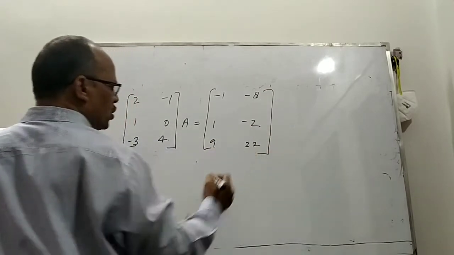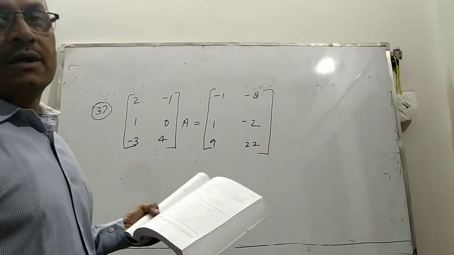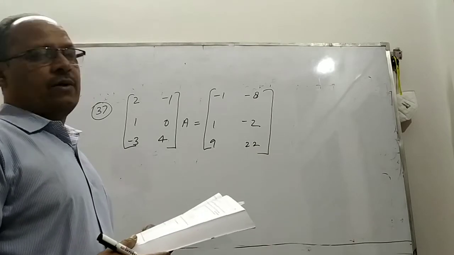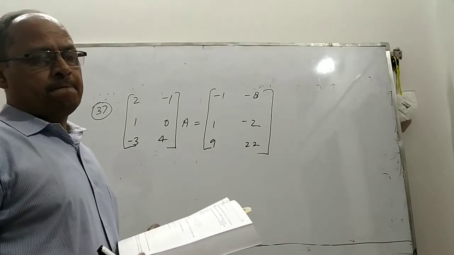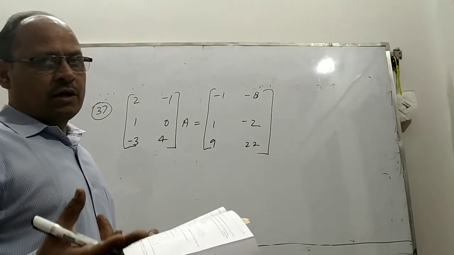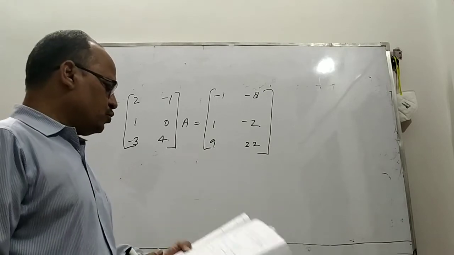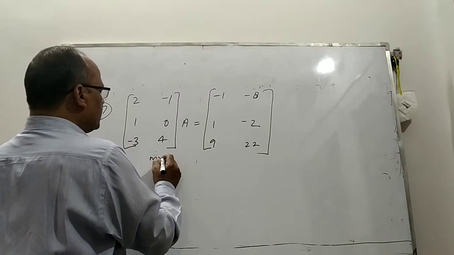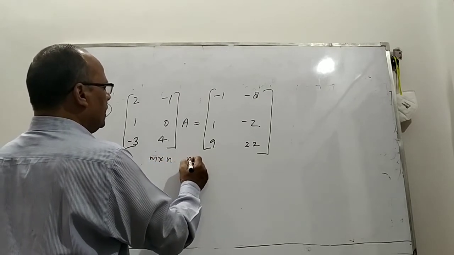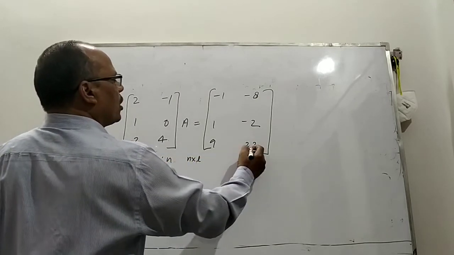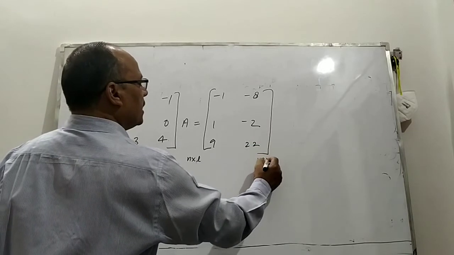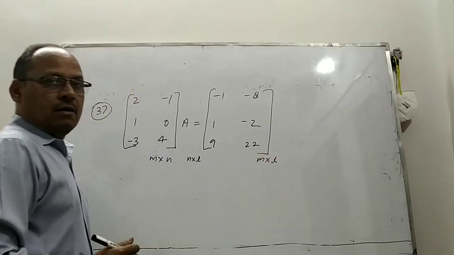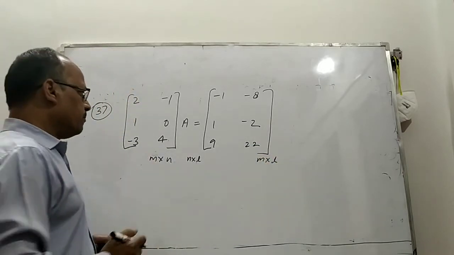This type of question you have done in class 10, but there the order was second order, or 2 cross 1 or 1 cross 2. Order of this will be m cross n, order of this will be n cross l, order of this will be m cross l according to the multiplication rules.